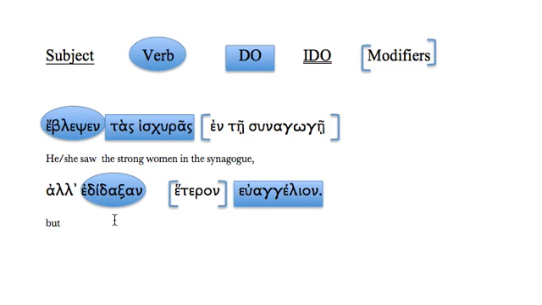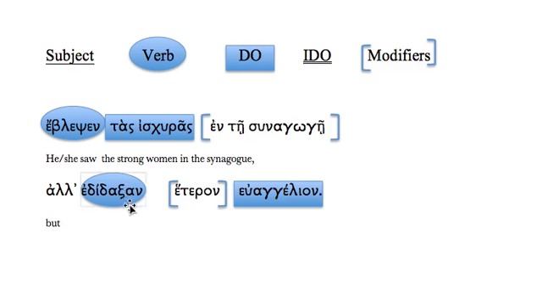Now, before we continue to translate, we need to find out what kind of verb edidaxon is. Is it a present? Is it a future? Is it an imperfect? Or is it an aorist? Well, it's from didasko. We found that the first thing which is not right, so to speak, is that we have an addition of the epsilon augment right here. And we also find that the kappa from the root didak has been amalgamated into a xi.